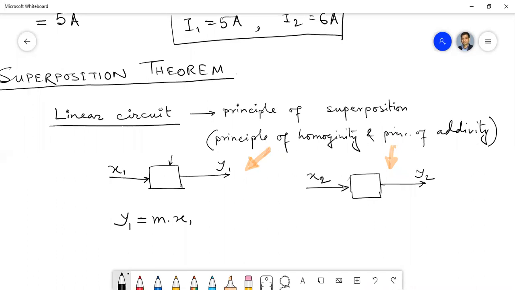By giving x2, I get y2. Now, if I apply the addition of these two inputs, I should get the addition of the outputs. So this is called the principle of additivity.